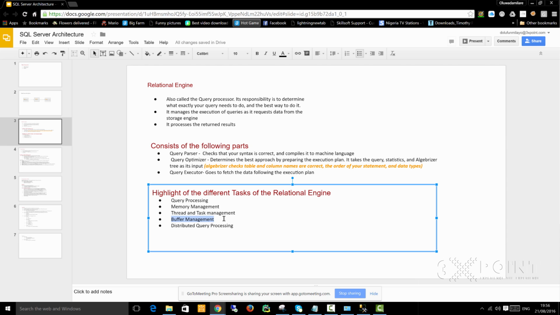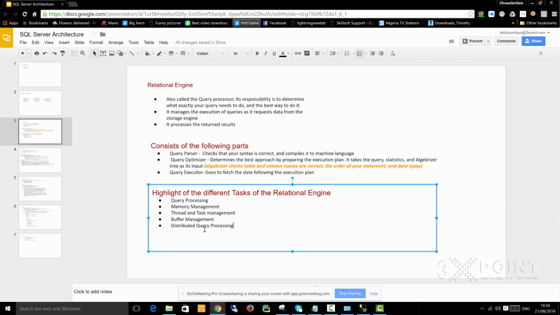And even if you want to retrieve data with your select, whatever happens has to come to the buffer first. So this becomes highly important, which is the buffer management. Part of the things that is being done by the relational engine is the buffer management.